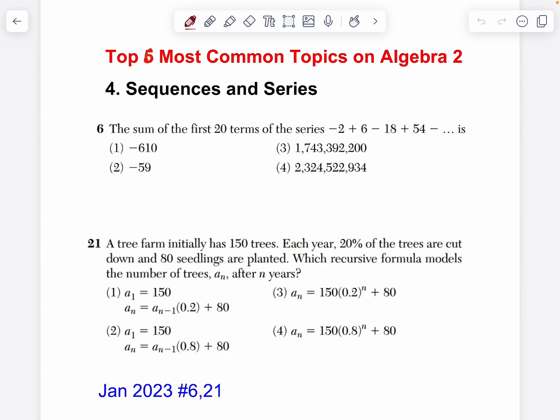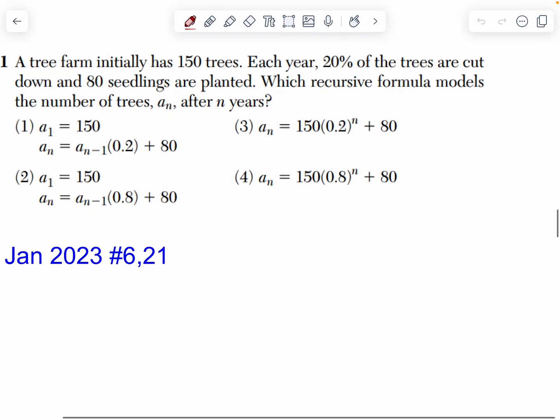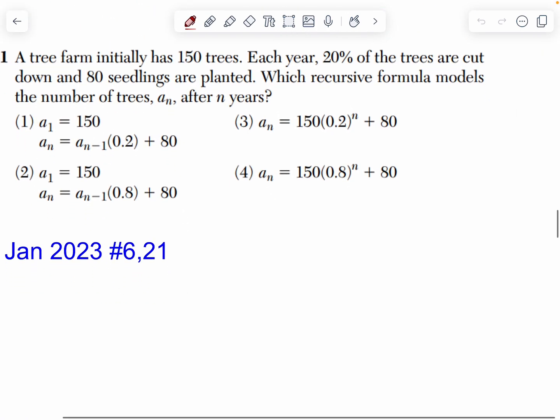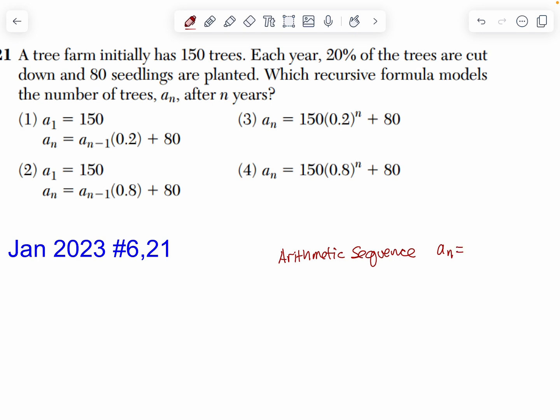Now, on your formula sheet, as of right now, there are 3 formulas related to this topic. There is the arithmetic sequence, and all that's written there is a sub n is equal to a1 parentheses n minus 1 times d.